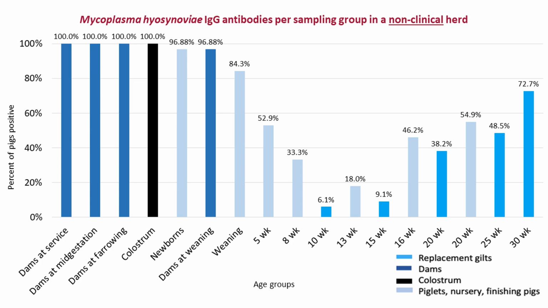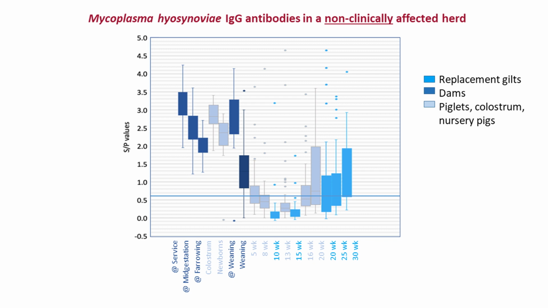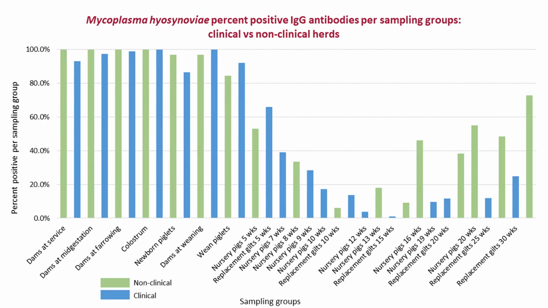And this again is just those sample to positive values within the non-clinical herd. Again, a few outliers, not a lot of variation, but just really interesting to look at here. This is a graph, there's a lot going on, a lot of colors. However, I really want to show you a side-by-side view, comparing that non-clinical herd with the clinical herd, the non-clinical being in green and the clinical being in navy.